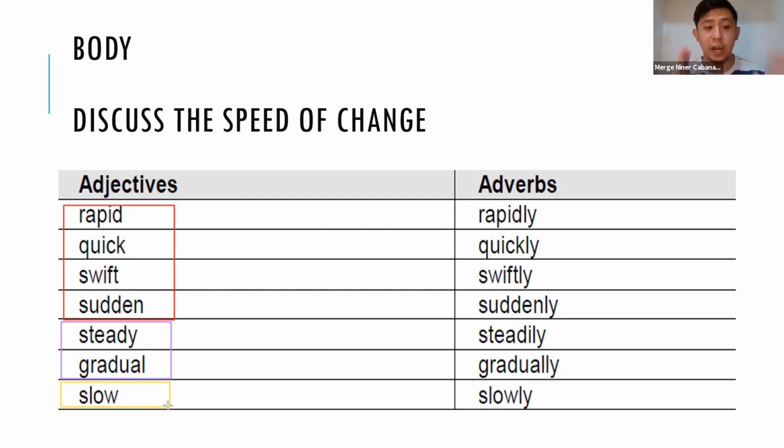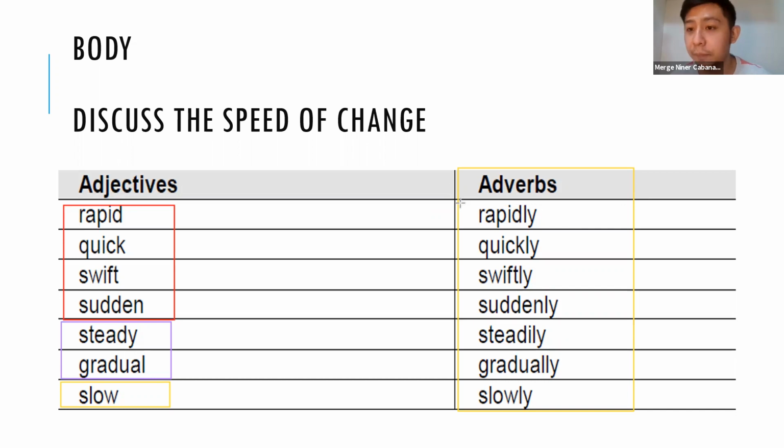So you can use the words rapid, quick, swift, sudden for speed. You can use steady and gradual if it's not moving too sharply. It's just doing like this. But if it's really very slow, then you can use the word slow. Again, if you are pertaining to adverbs, then here are the words. They can be used the same.